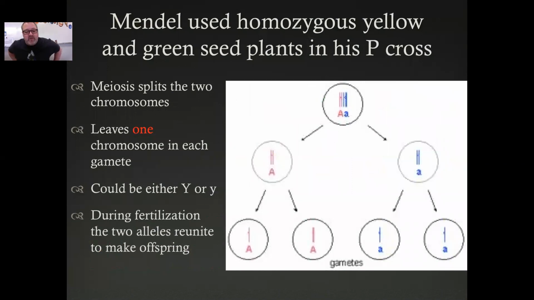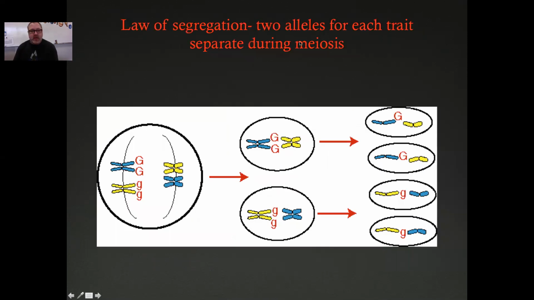The chromosome in each one could either have the big Y or the little y, right? So depending on which one each had, as they became fertilized, one was a big, one was a little, and now those are united to make an offspring.